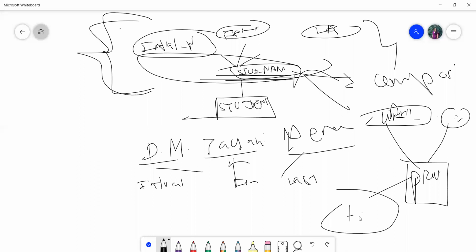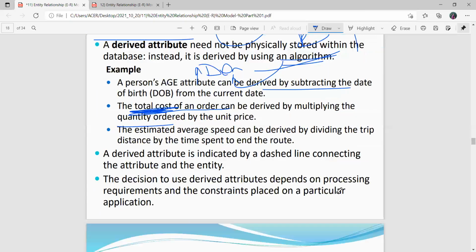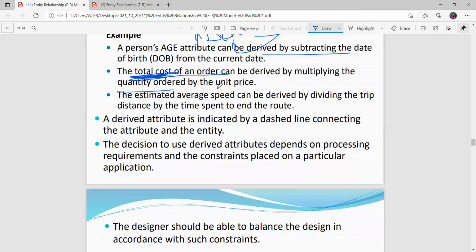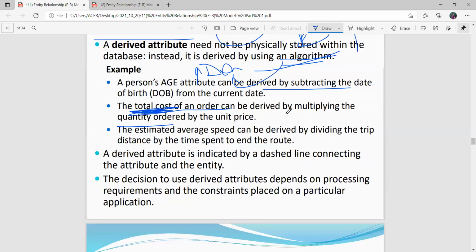We can use unit price multiplied by quantity to find the total cost. So this is a derived attribute from these 2 attributes. Then the estimated average speed can be derived by dividing the trip distance by the time spent on the trip. Likewise, we can derive many attributes by using the available attributes in an entity.